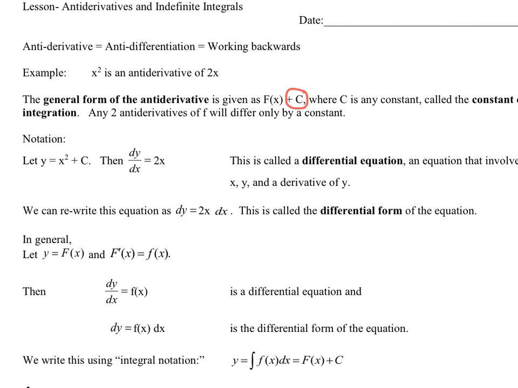The notation is very straightforward, I think, because we covered differentials. The differential form is what you would get if you were to take the derivative of a function and then just multiply both sides by the dx. That's the differential form. Any equation involving a dy dx, it doesn't necessarily have to have dy over dx, is known as a differential equation.